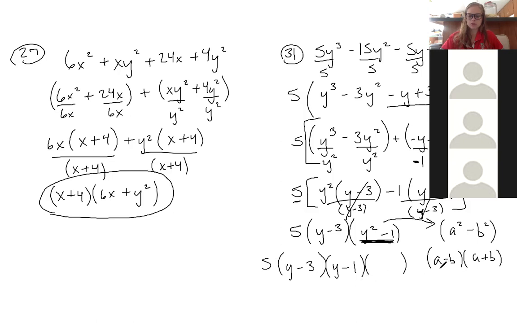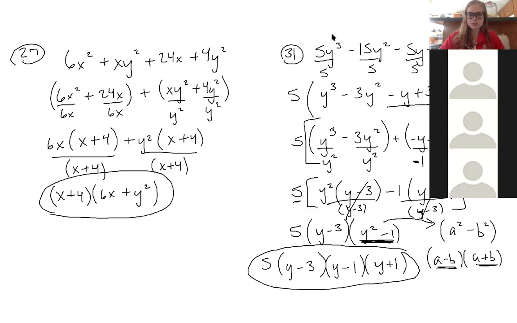Okay, there's the first one. So there's your a minus b, but it's also got to be a plus b. y plus 1. There you go. And that is factoring completely. So after you finish factoring, whatever you get your final answer to be, ask yourself, is there anything else that I can factor?